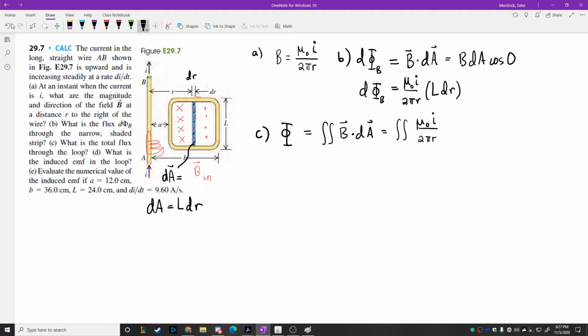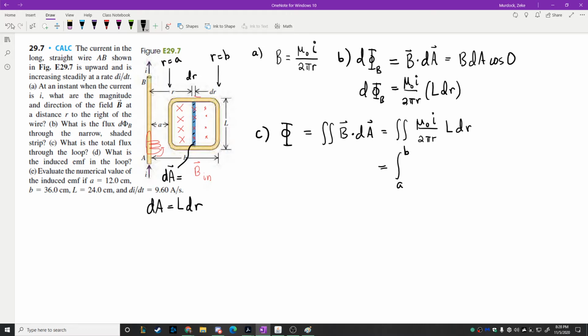The dA is L dr. And for our integral then, we're going to have limits, from the left edge to the right edge. On the left edge, r is equal to what's defined as a. On the right edge, r is equal to what's defined as b. So we're just going to be integrating from a to b here.